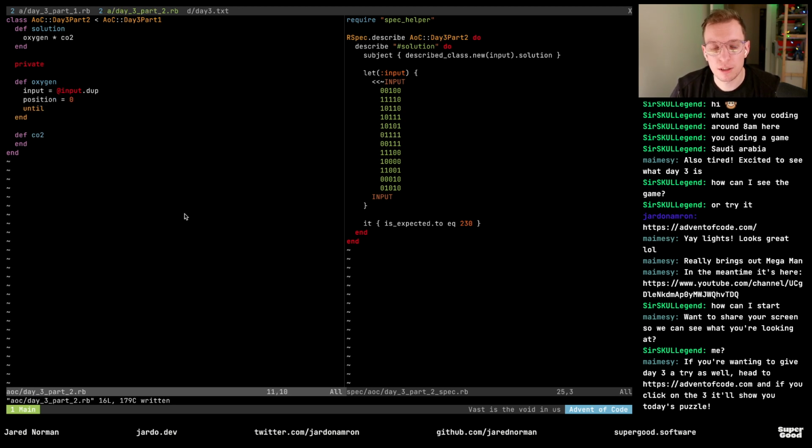I guess we don't even need the bit positions here. Until input.length is 1. And here we're going to return input.first.join to i, 2, I guess.